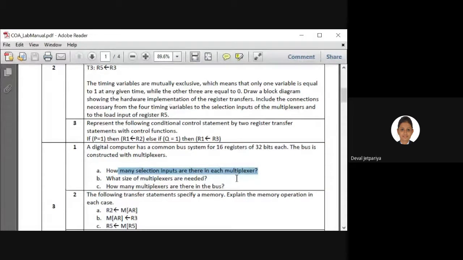Obviously, we require 4 selection lines.